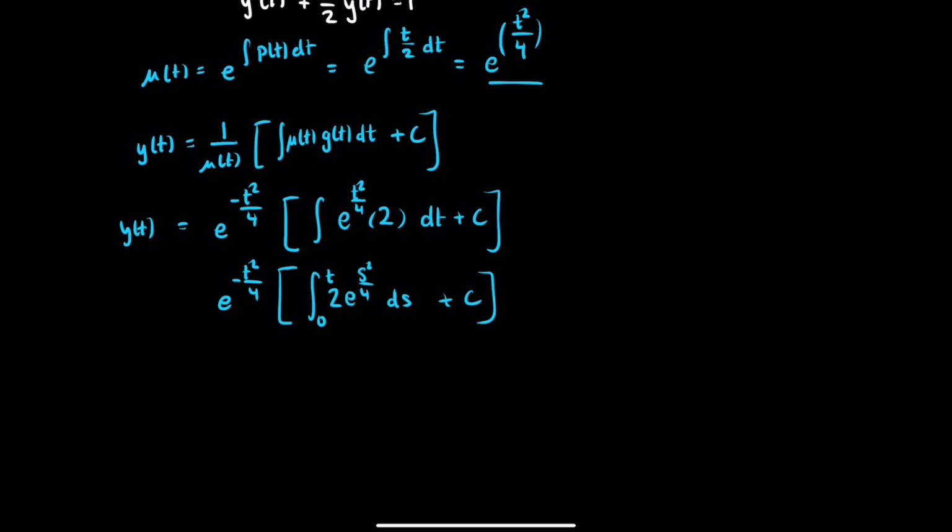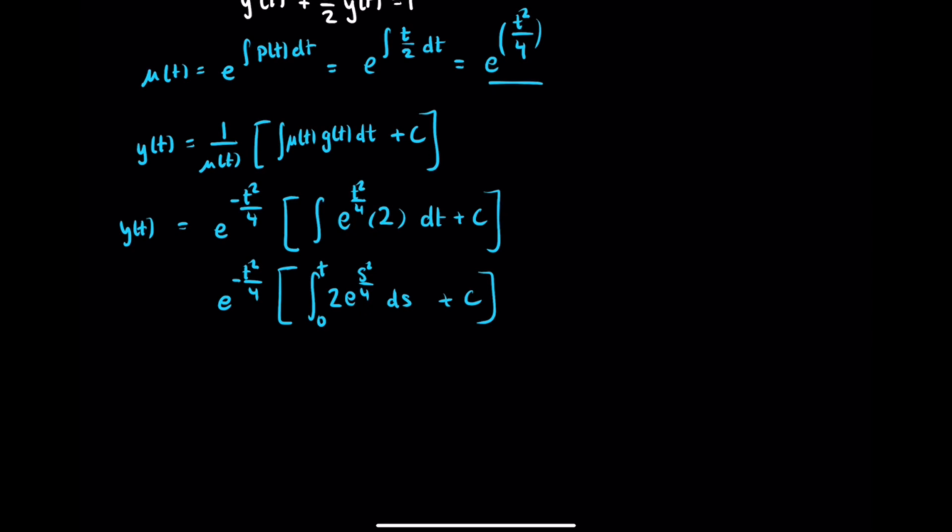The reason I'm switching to s is just to make sure that when I bring this e to the minus t squared over 4 in, I don't accidentally combine it, just to be more clear.